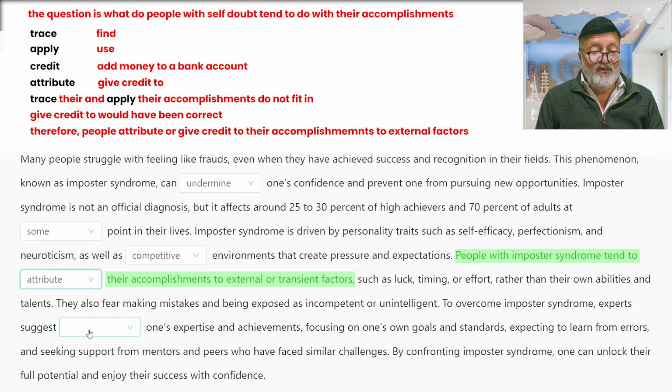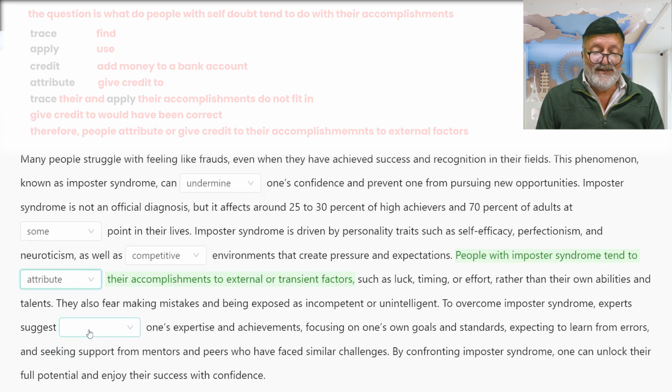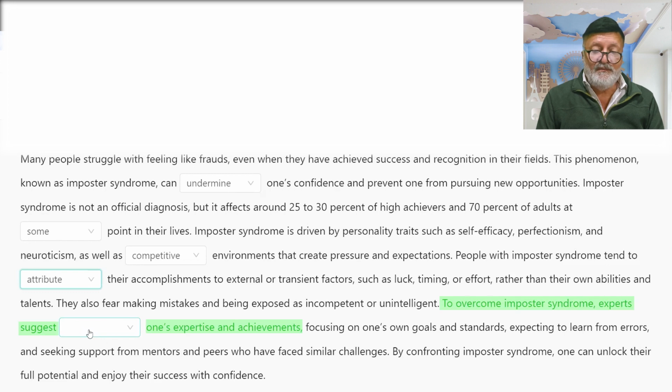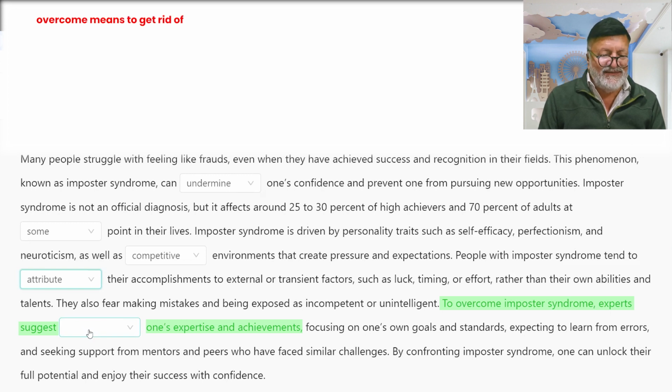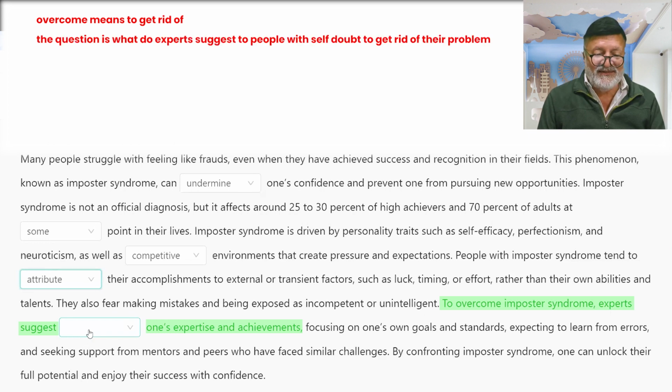Now, we can move to the final blank and start reading from to overcome imposter syndrome, experts suggest dash one's expertise and achievements. Now, overcome means to get rid of. Therefore, the question we have to ask ourselves is, what do experts suggest to people with self-doubt to get rid of the problem?